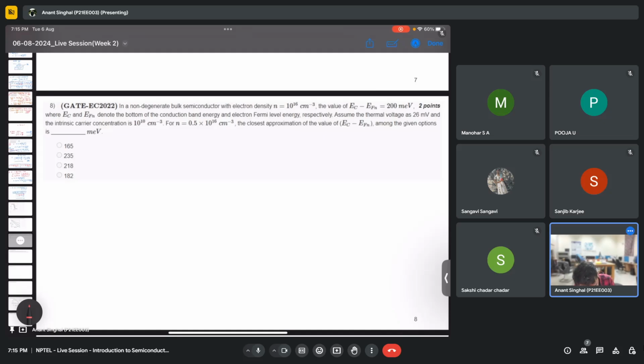on my own. So in this question again, we have an n-type silicon since the electron density is given. So this is nothing but Nd. Then we have a semiconductor in which EC minus EF is given as 200 milli electron volts, that is 0.2 electron volts.